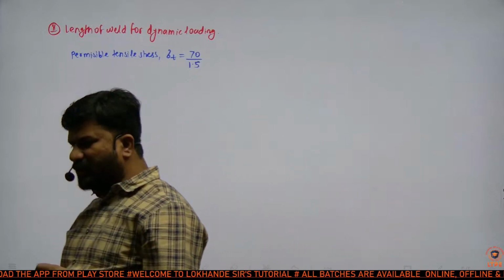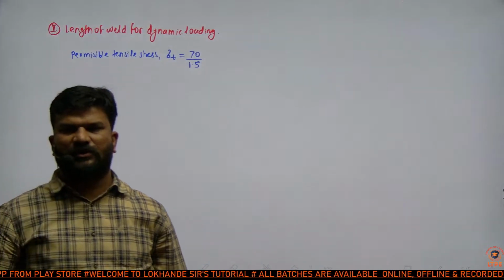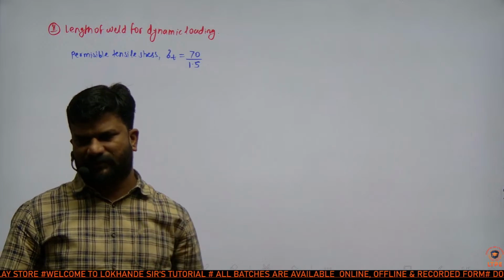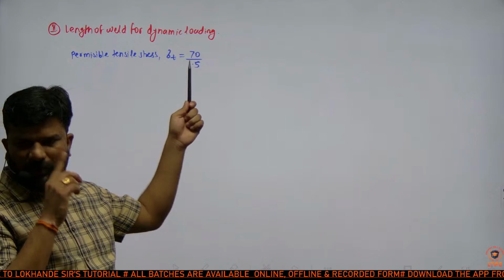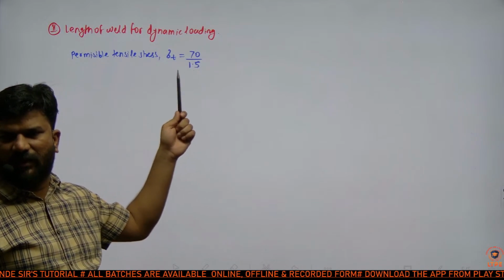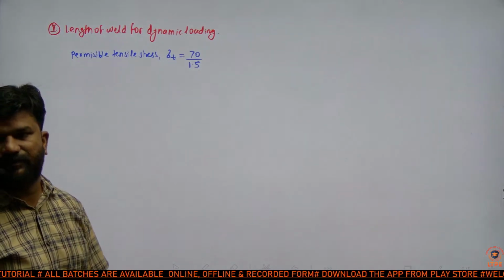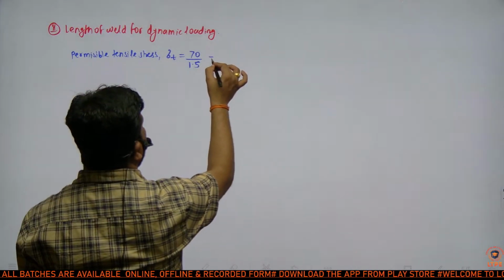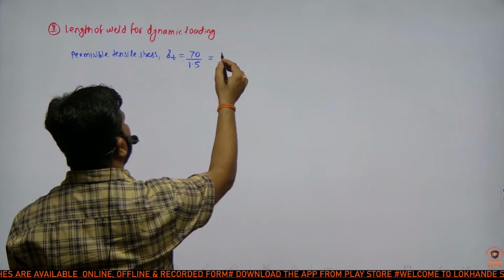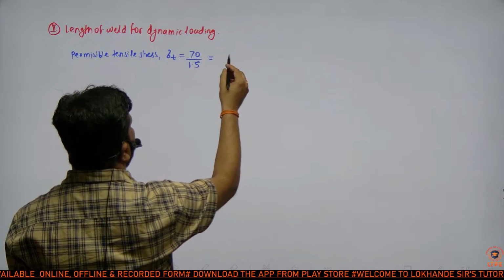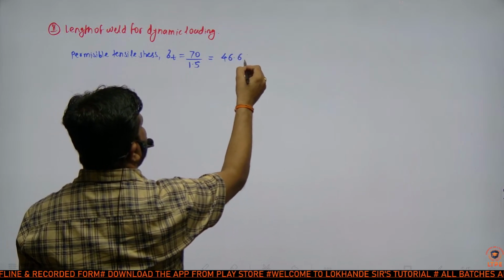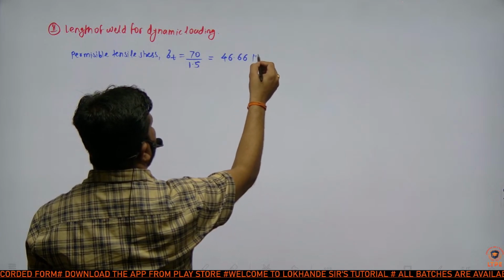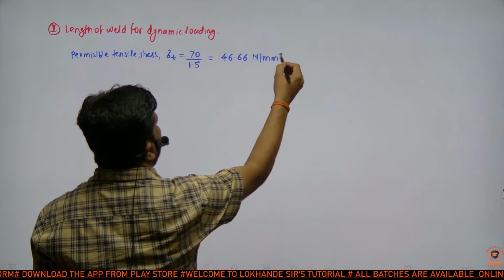In case of parallel fillet weld, the stress concentration factor is 2.7, and in case of transverse fillet weld, 1.5. Remember, 1.5 and 2.7. So the answer is 46.66 Newton per mm square.